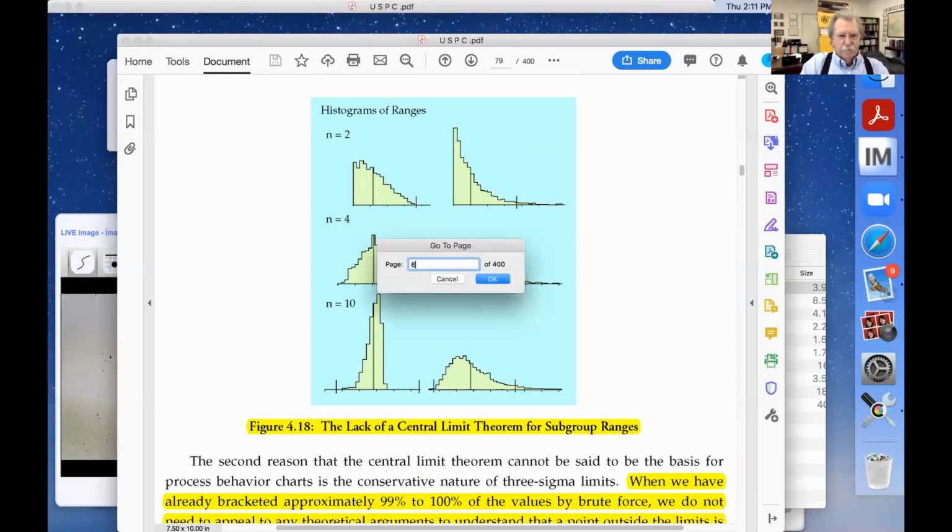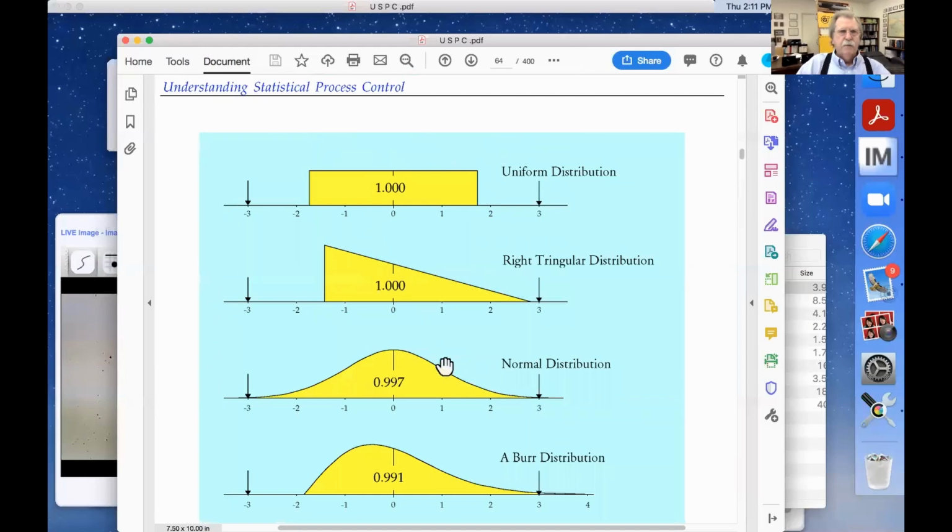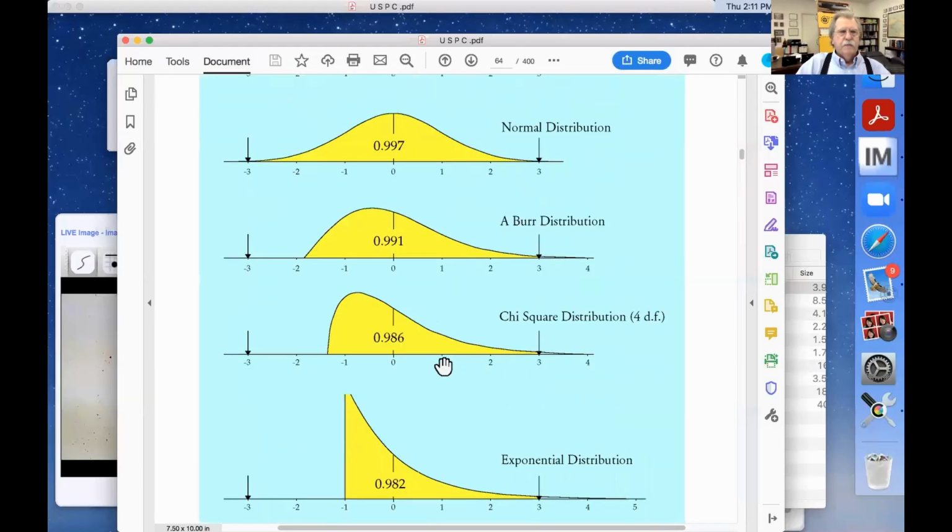Page 64 is a very important page. That's not normal. That's not normal. That's not normal. 3 sigma limits. When you have really skewed data, you've got a barrier here, a barrier here, a barrier here. You don't get data like this without a barrier.